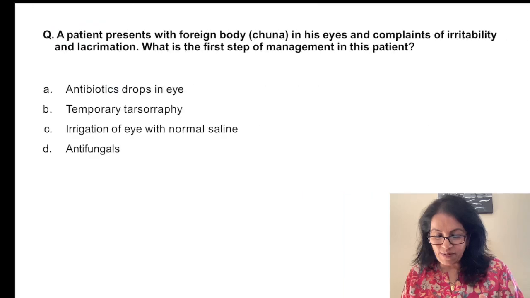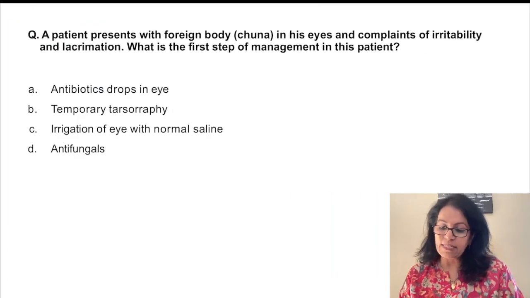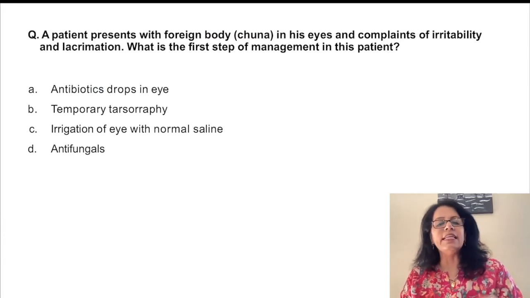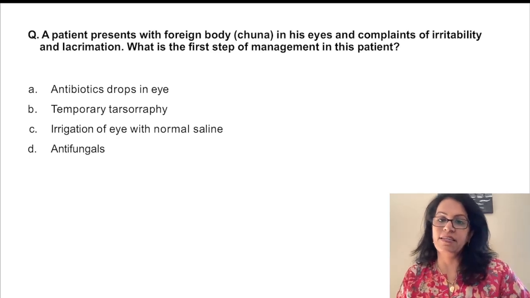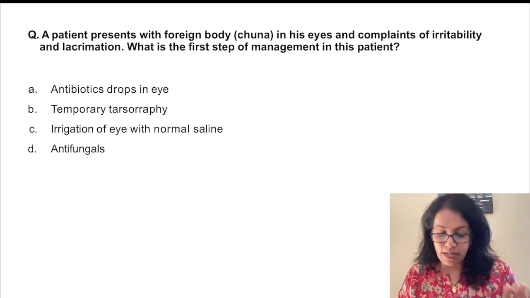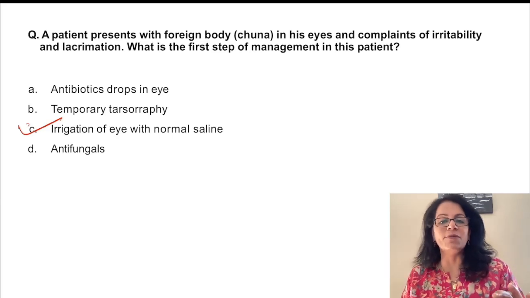Chalo. Next we talk about a patient presenting with a chemical injury in his eyes who complains of irritation and lacrimation. What is it, any chemical in the eye? Any foreign body? First thing is always copious irrigation. Right? And therefore our answer has to be irrigation with normal saline.